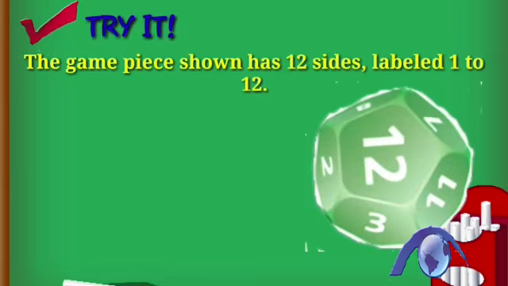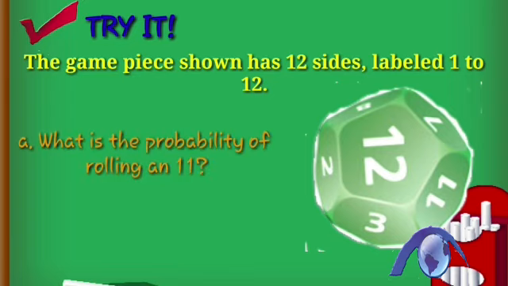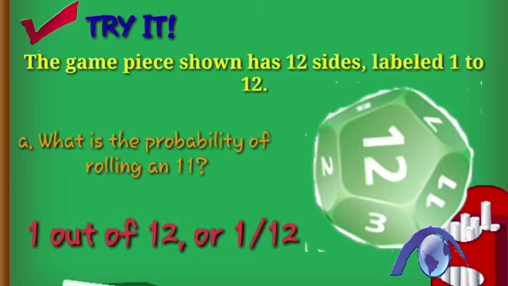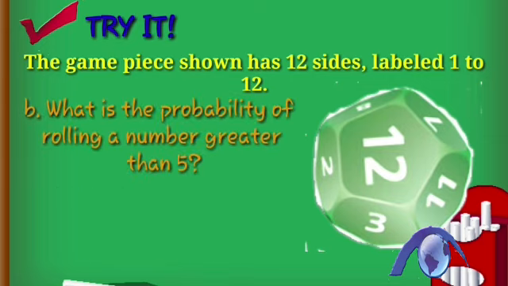The game piece shown has 12 sides, labeled 1 to 12. Part A. What is the probability of rolling an 11? It's 1 out of 12, or 1 over 12. Part B. What is the probability of rolling a number greater than 5?